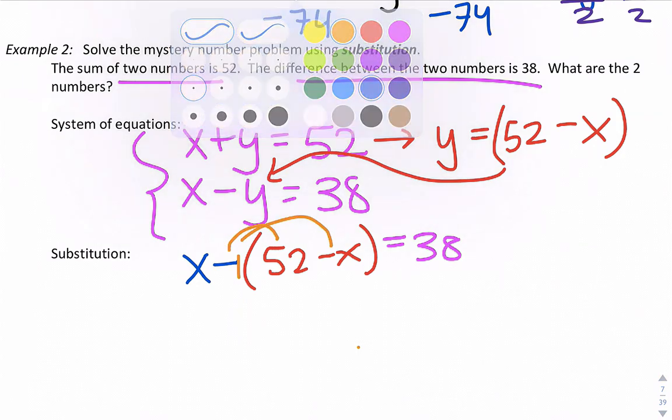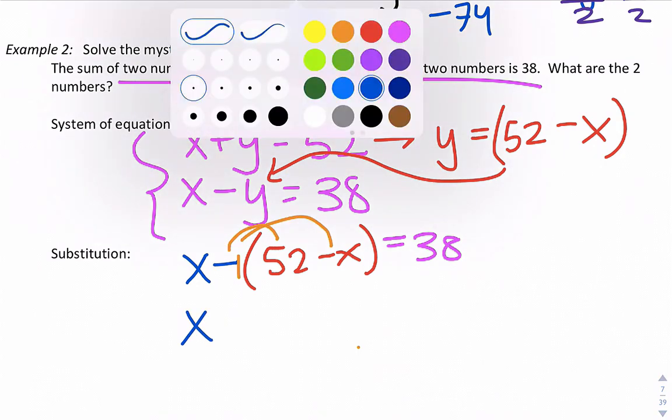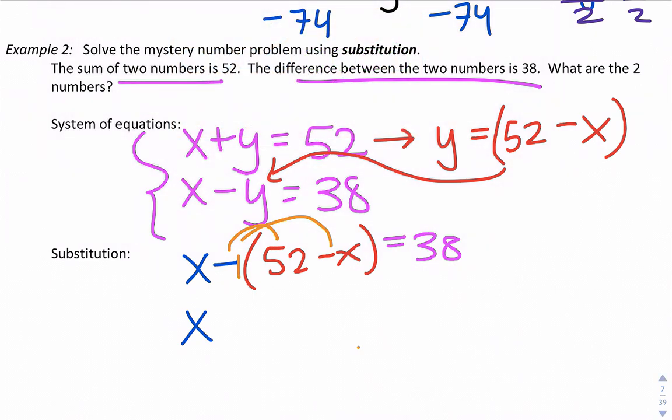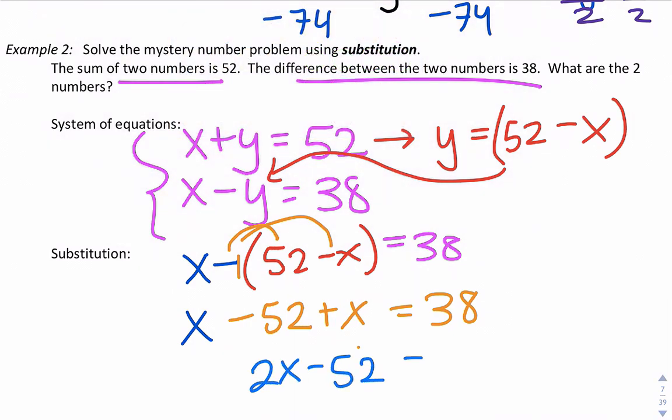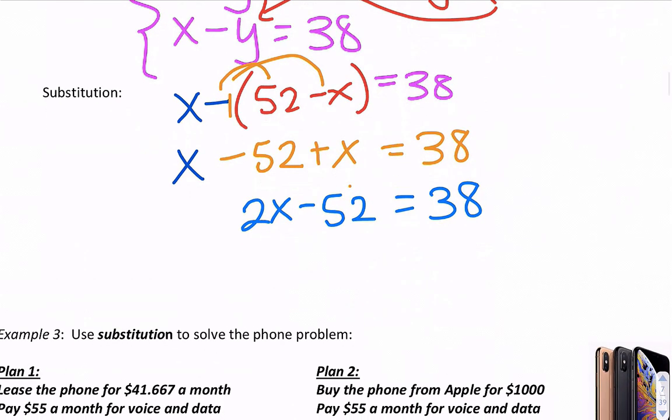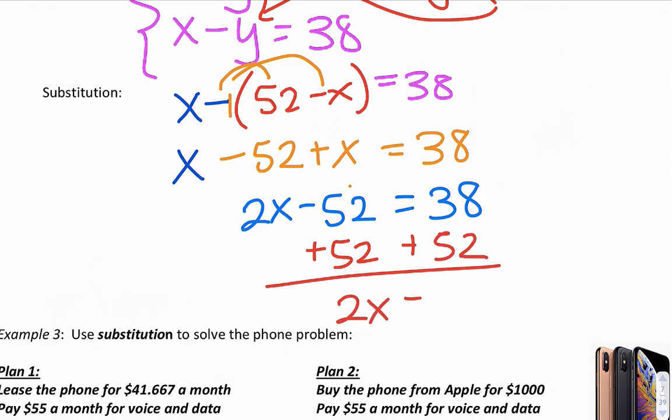And we'll get x, and -1 times 52 is -52. And then we have a negative 1 times a negative x is a positive x, and that equals 38. Let's combine like terms. We got 2x minus 52 equals 38. We'll solve. We'll add 52 to each side. So we get 2x equals 90.